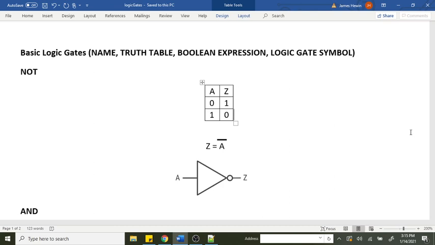But you need to understand the fundamentals of how the individual logic gates themselves behave before moving on to combinational circuits where we can connect these together to be able to perform some functionality.